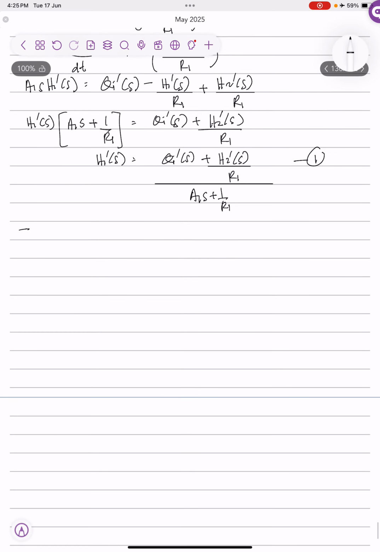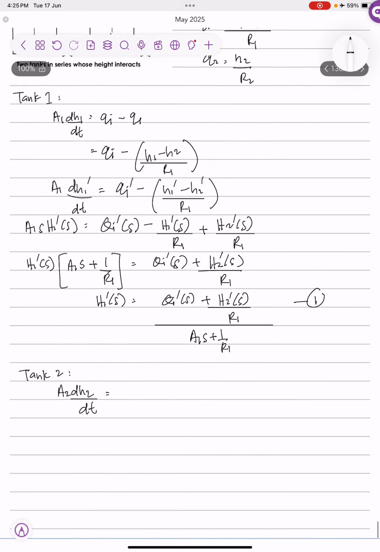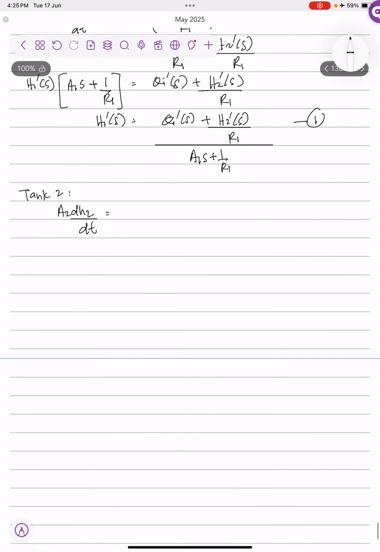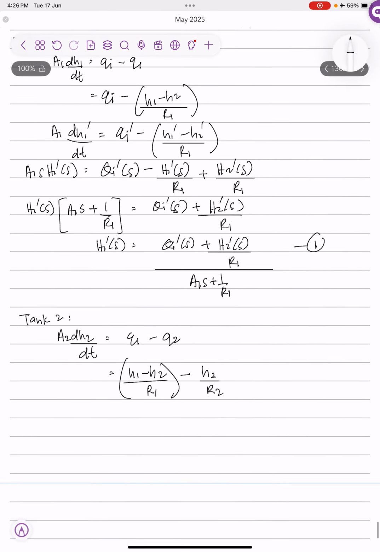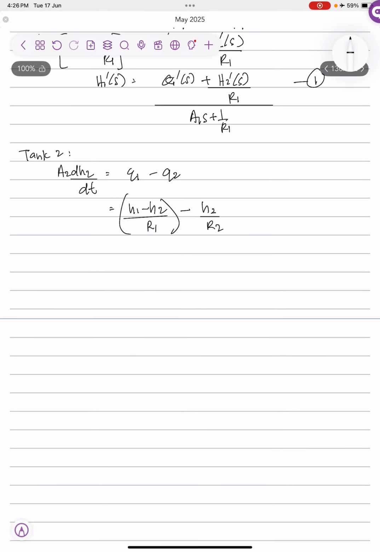And now if we do it for tank 2, the model would be A2 dH2/dt equals Q1 minus Q2, in minus out. Q1, as we know, is (H1 minus H2) over R1, and Q2 is H2 over R2. Then we write this in deviation variables.